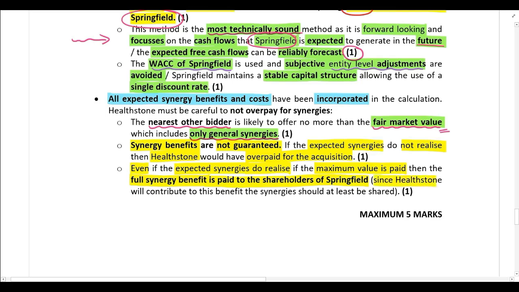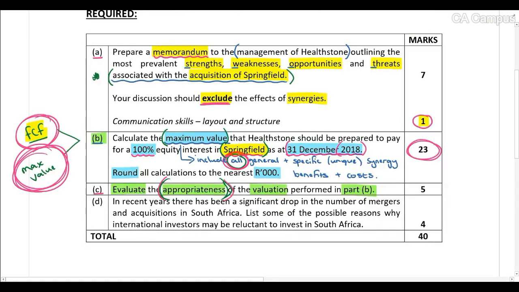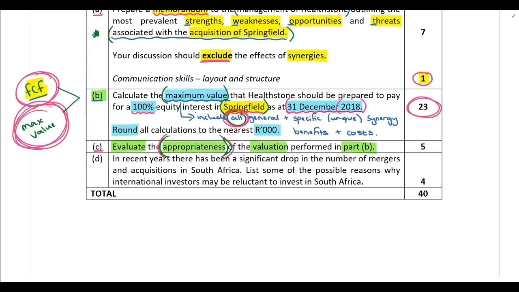Because Healthstone will contribute to these synergy benefits or these expected savings, they should at least be shared. They shouldn't just pay the maximum price and give the full value of those synergy benefits to the previous shareholders of Springfield. They should at least share those synergy benefits. All right, so that answers part C of the required.